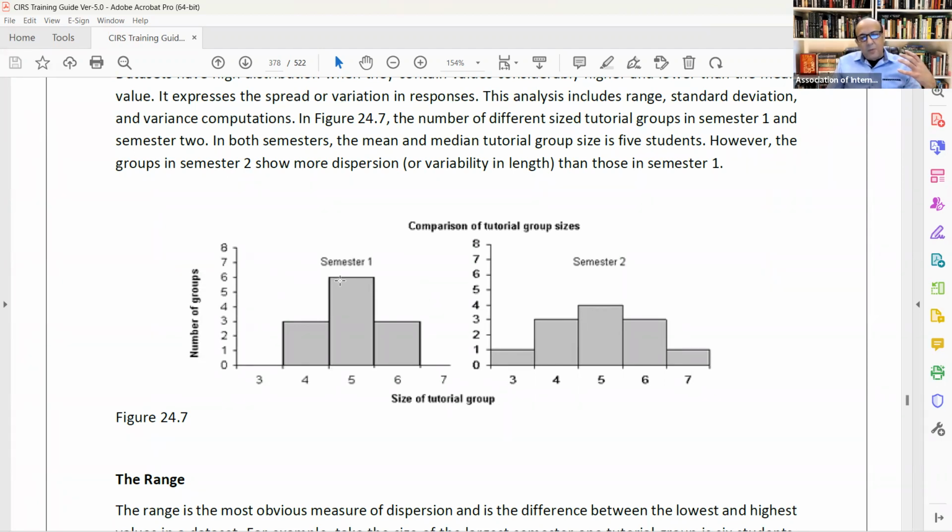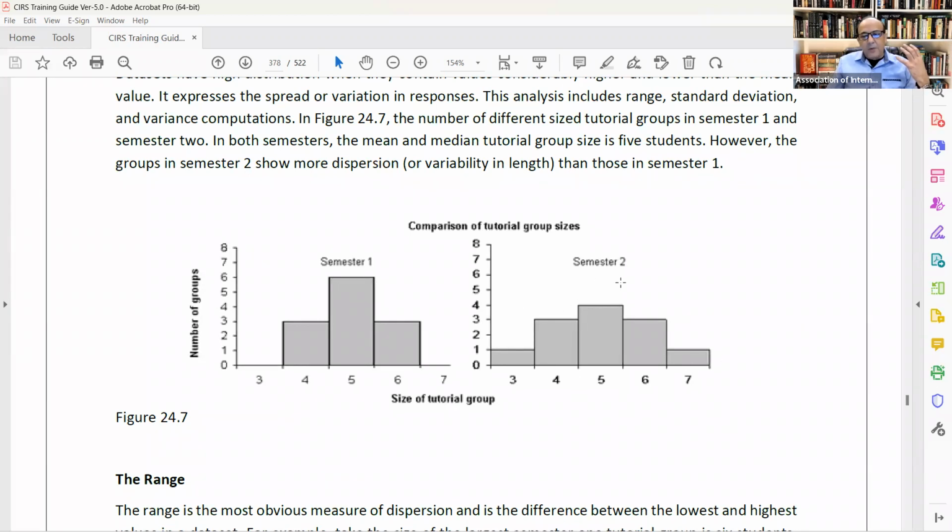So number of groups in one semester is shown here as having the highest number of groups attending semester 1, which is in this block. And visually, it is giving an idea that in semester 1, at a glance, you could see the tutorial group number 5 had the maximum number of students in that group.